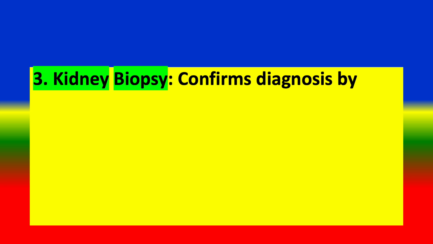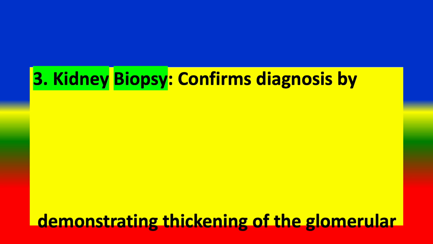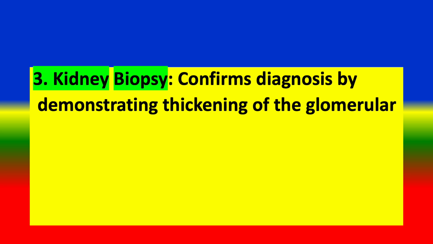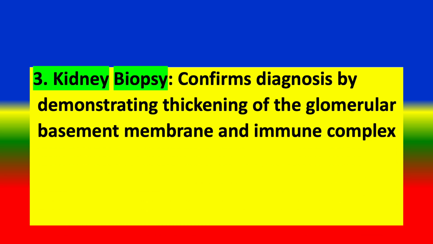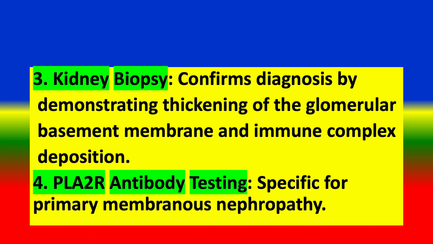Kidney biopsy confirms diagnosis by demonstrating thickening of the glomerular basement membrane and immune complex deposition. 4. PLA2R antibody testing, specific for primary membranous nephropathy.